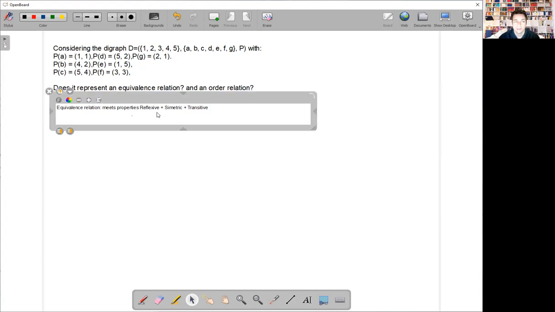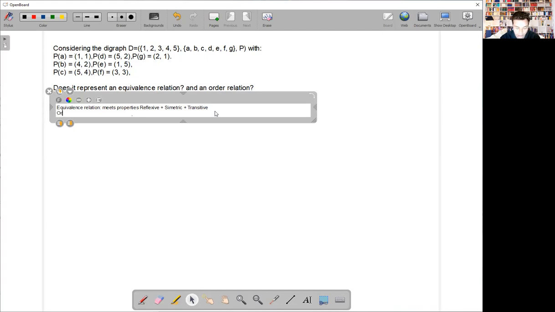Right? So this is the equivalence relation, and then we have the order relation. Right? So in this case, it must meet the properties reflexive, antisymmetric, and transitive.